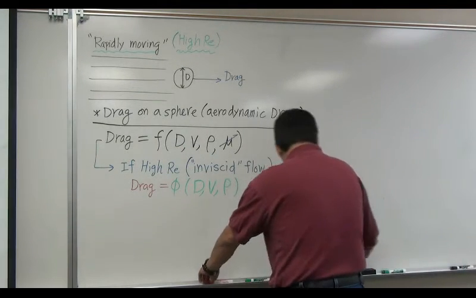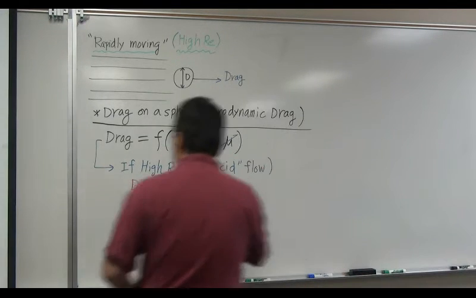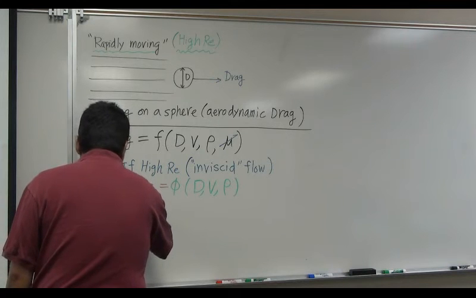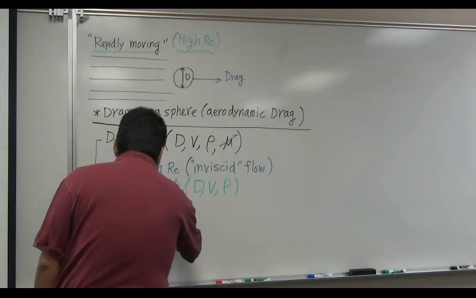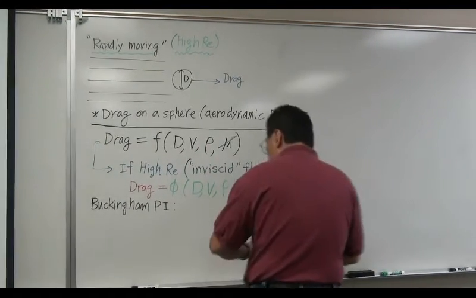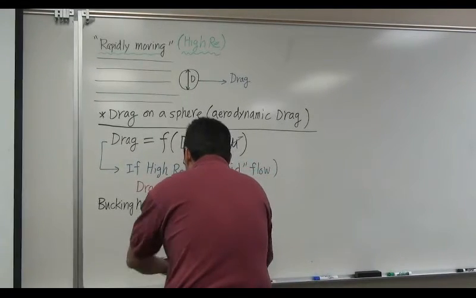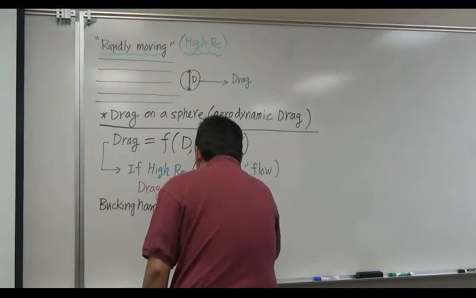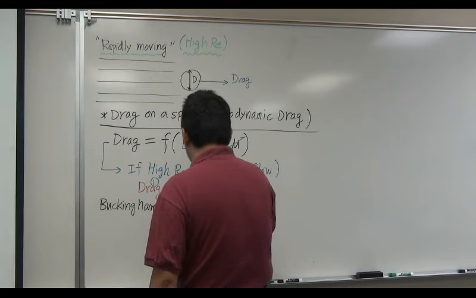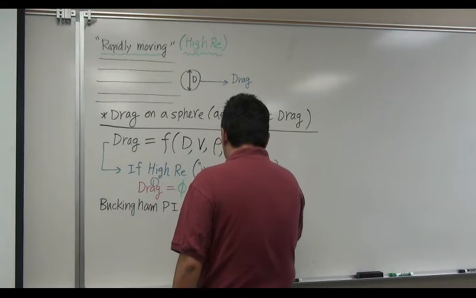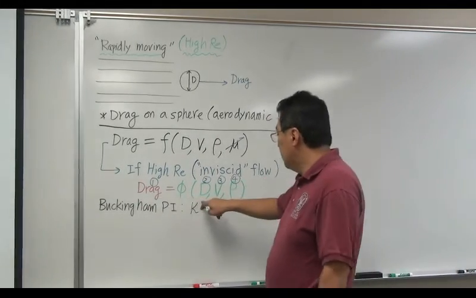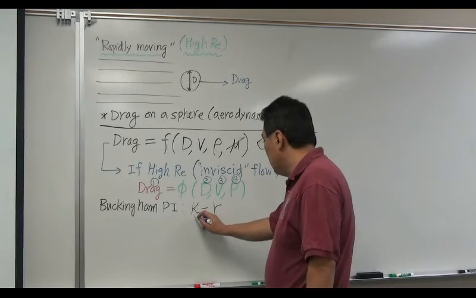So let's apply Buckingham pi. Buckingham pi theorem is, as you know, k minus 1. So originally this one involves 4 independent dimensional properties, namely drag, diameter, velocity, density. K is 4.